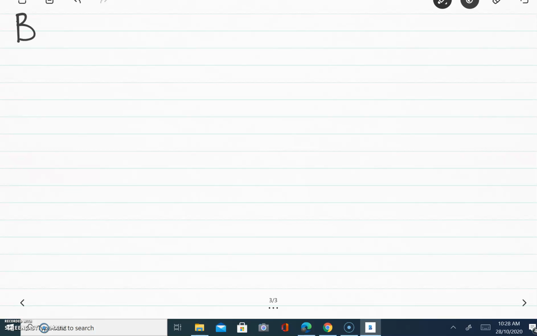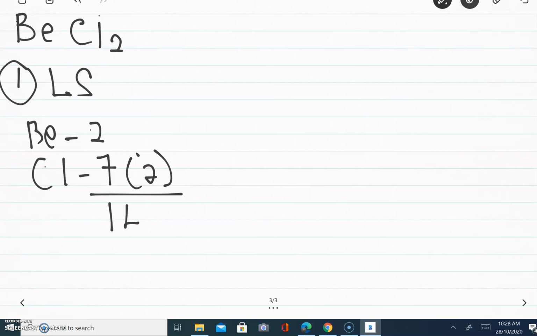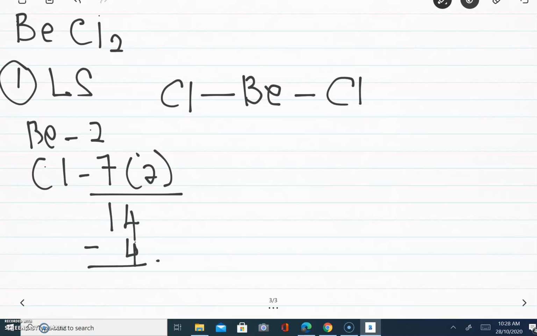By using the molecular formula beryllium dichloride, we must draw our Lewis structure. So our central atom is beryllium, which has 2 valence electrons, and chlorine has 7 valence electrons times 2, and the overall is 16 electrons. Beryllium as your central atom covalently bonds with the 2 chlorine atoms, and these 2 bonding pairs consist of 4 electrons.